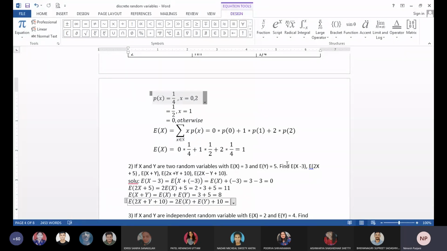Again I repeat, it is 2 times E of x plus E of y plus 10. It's a combination of property 5 and property 3. So this will give you 2 into 3 plus 5 plus 10. So 21 is my answer.